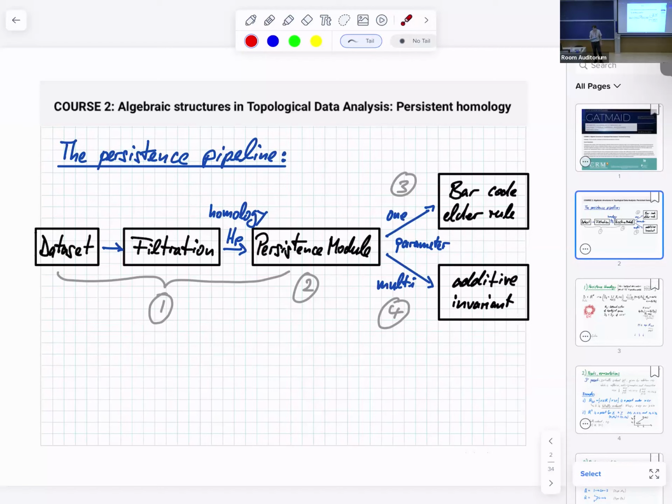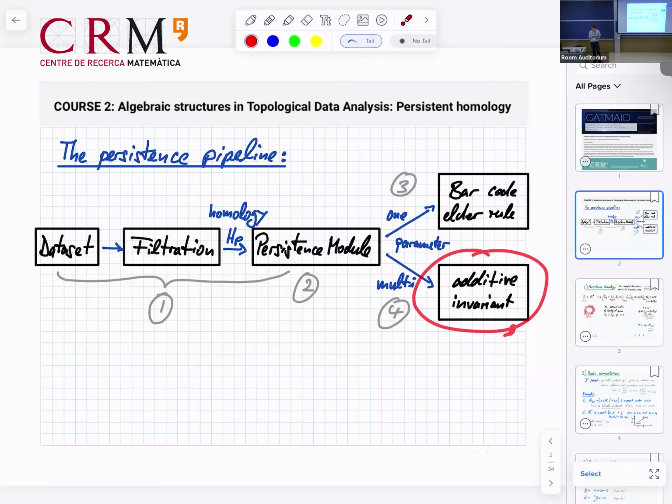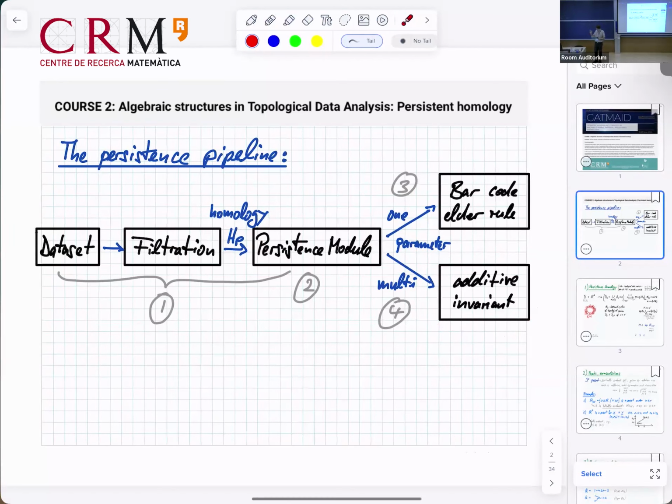You want to understand the nature of the module by attaching some discrete numbers to it, and hopefully they describe well the topological features. So that's going to be the goal when we do some multiparameter persistence theory later this week. Okay, I think we can stop here.